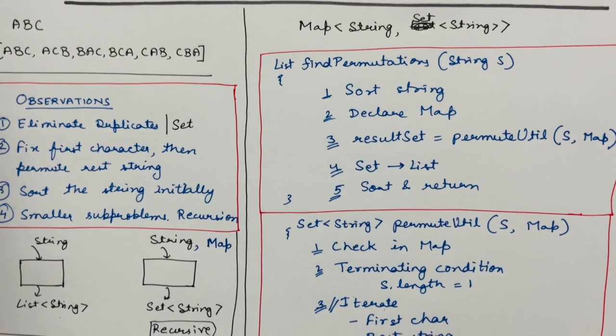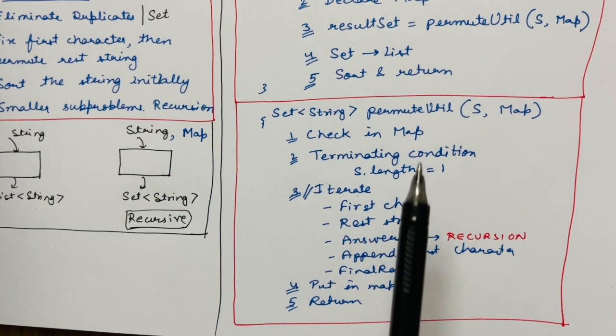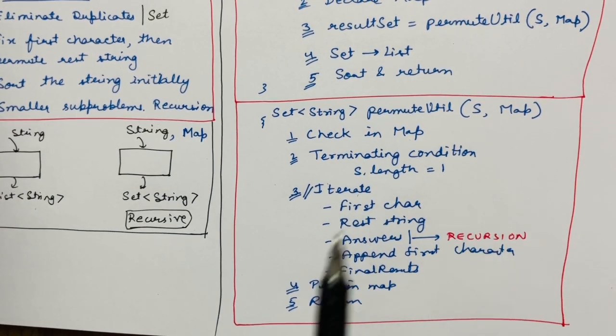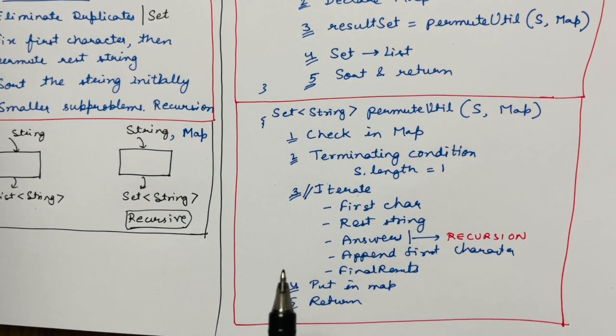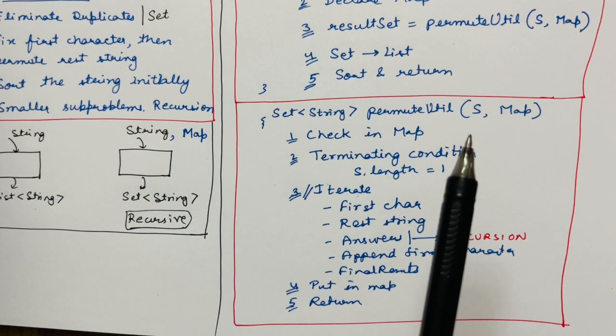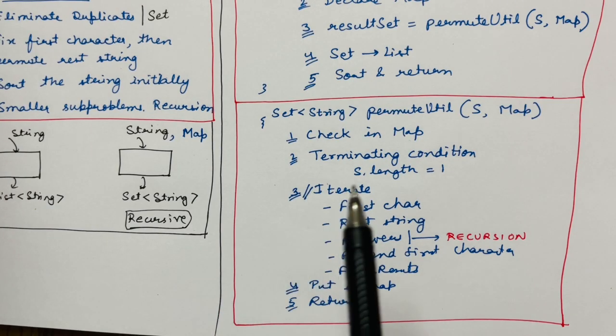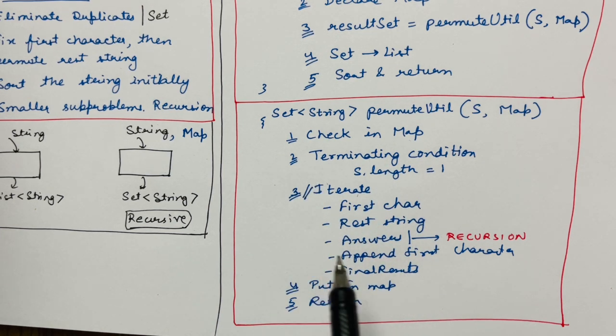Now let's see how our recursive function will look like. Our recursive function takes the input as string and map. The first step is to check in map if this input has already been calculated. If it has been, we will directly return the result from the map without calculating further. Second step will be to check the terminating condition of recursion.